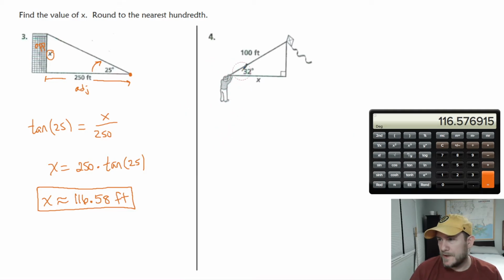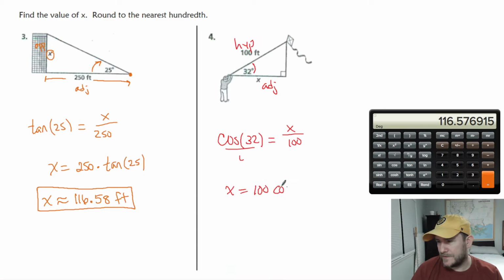Let's do 4. Again, here's my angle. So this is adjacent, and this is hypotenuse. So this will be a cosine problem. And we'll say the cosine of 32 equals x over 100. So cross multiply, you get x equals 100 times the cosine of 32, which we can put into our calculator to get an answer.